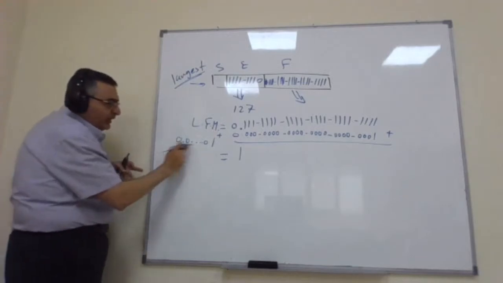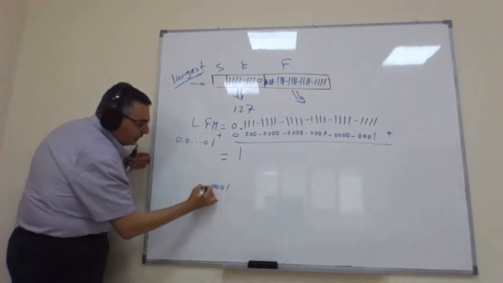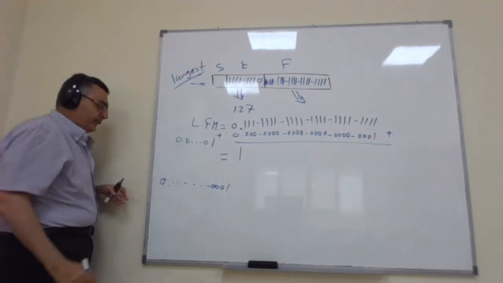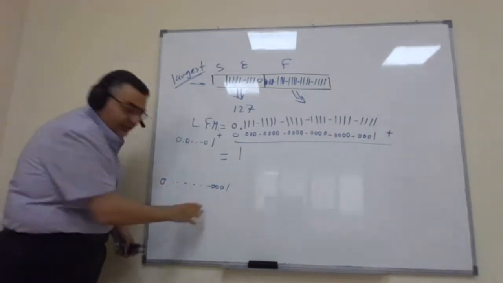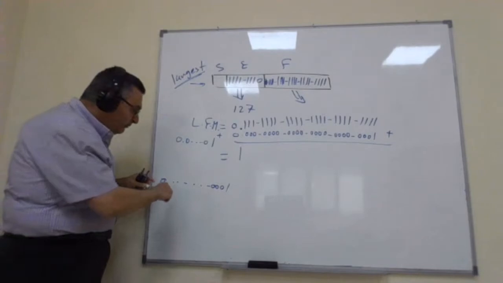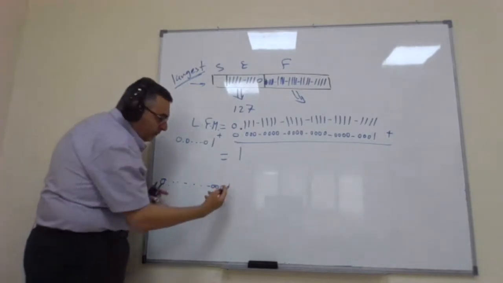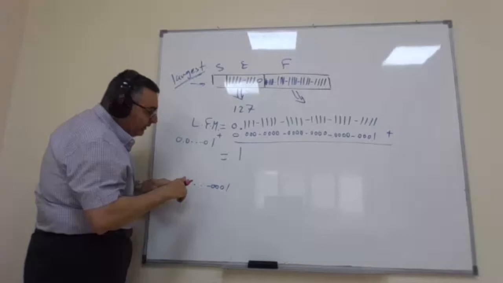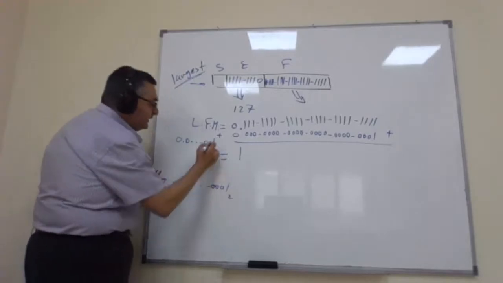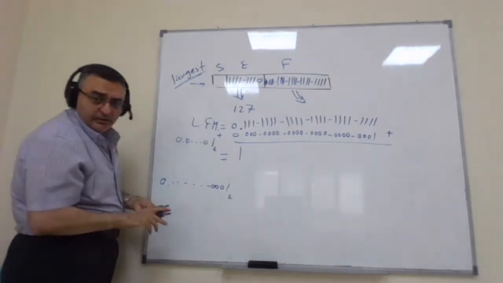Okay, what is the value of this number? This number is 1000 what? And I have 22 zeros. Who is clever enough to tell me: when I have a number that has all zeros and only one bit of 1 at bit number 23, how can I get the value of this?